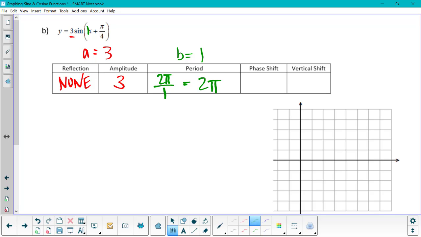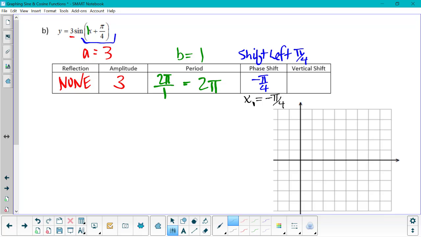And phase shift. Because I have x plus pi over 4 inside the parentheses, remember that is a shift left pi over 4. So my phase shift is technically referred to as negative pi over 4, or my very first x value, the beginning of my cycle, will be at negative pi over 4.